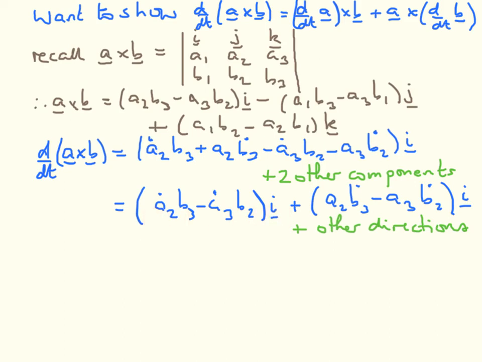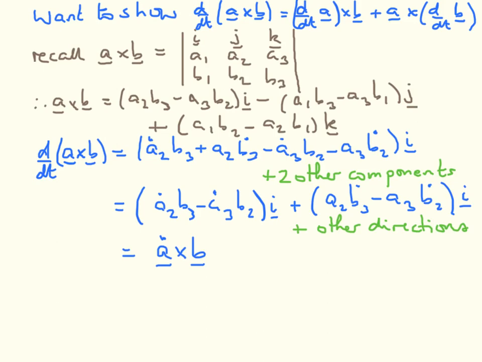So this term here is the I component of A dot, the derivative of A, crossed with B. So this term here is the I component of that vector, and I leave as an exercise for you to check that the J and the K components also work. They do.